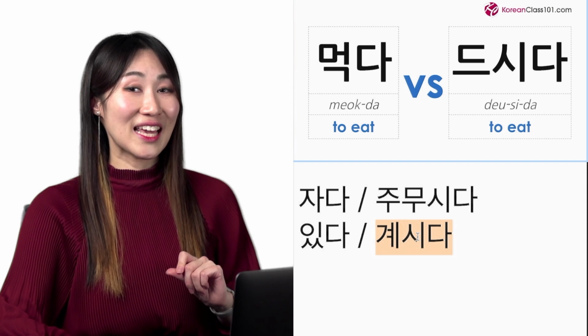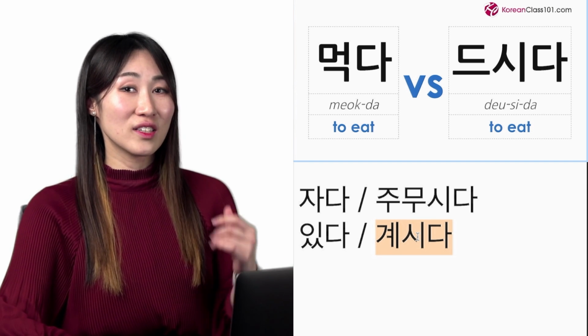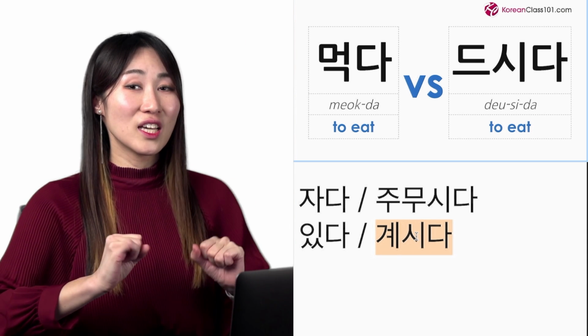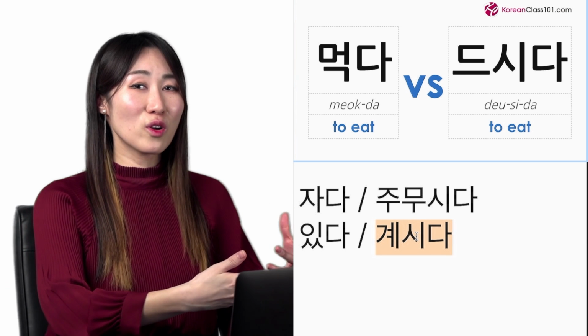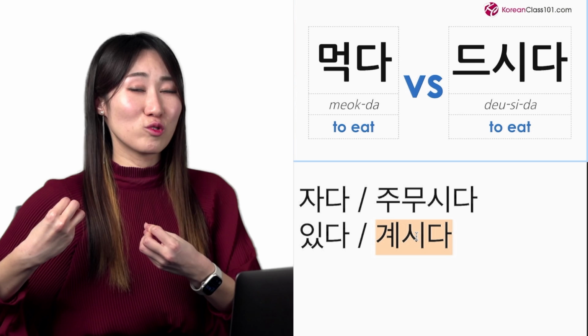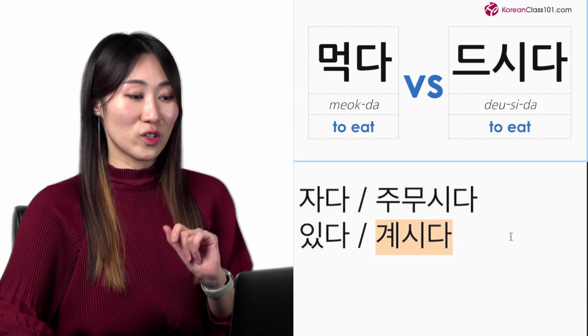Using the word 계시다, to stay or to be. My father is at home. He's someone who is much older than me, so I'm using the polite word. Even if I'm not talking to my father directly, whenever I refer to someone who I have to show my respect, then I use this polite word.